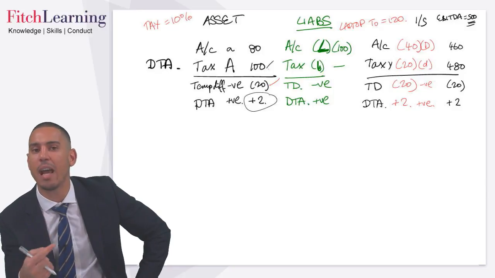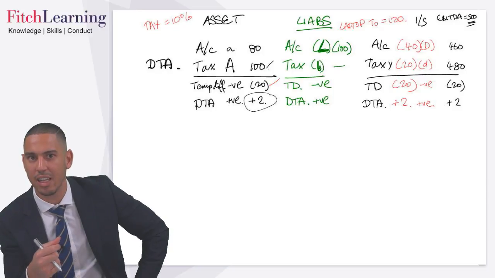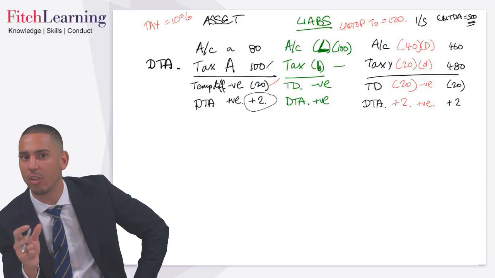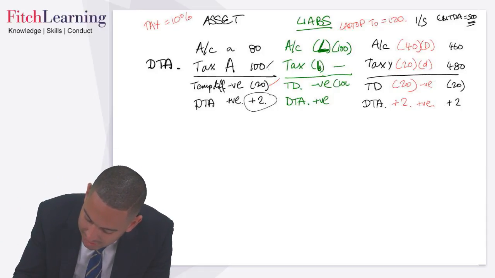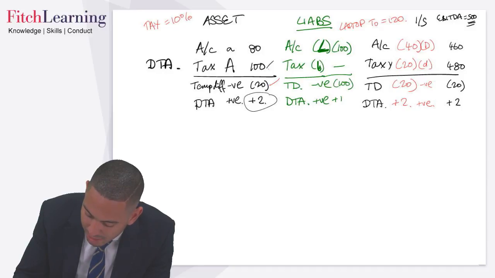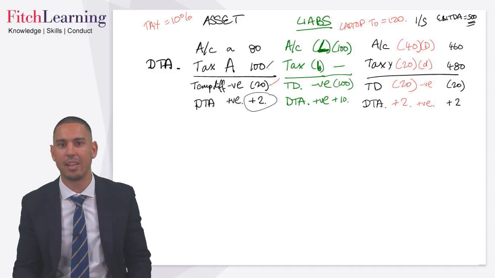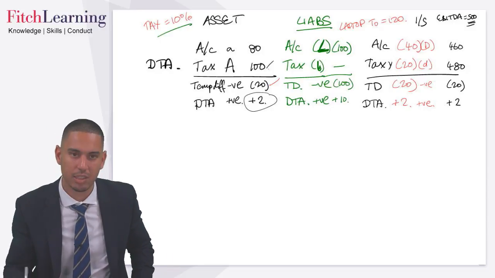If I then pay out 100 in warranty expenses and fixing those expenses, that is a loss in that period of 100. And it is a loss in that period of 100 that I get a tax benefit of 10. Assuming that my tax rate is still 10%.